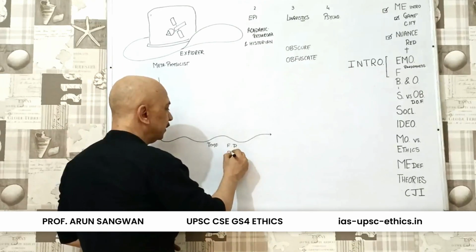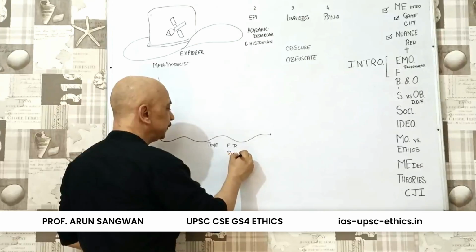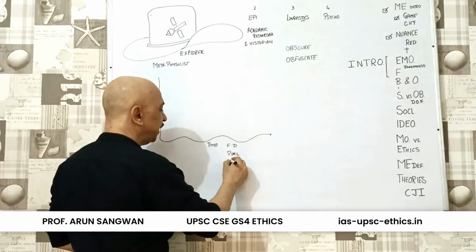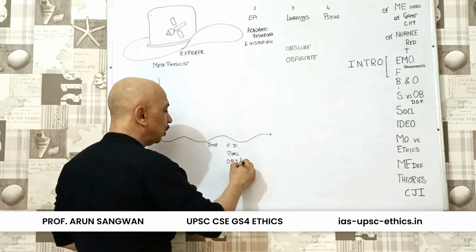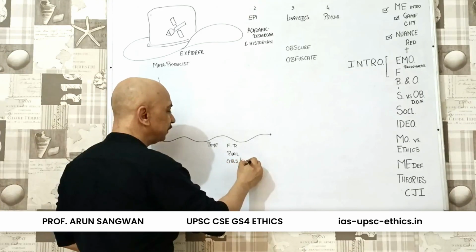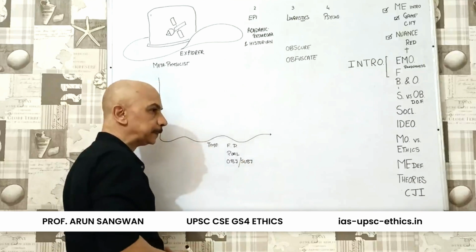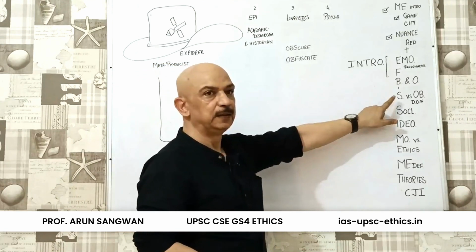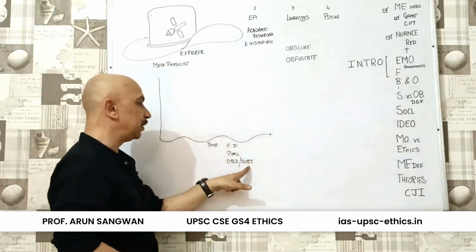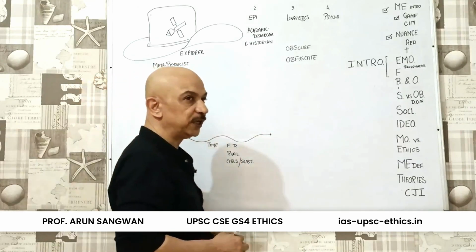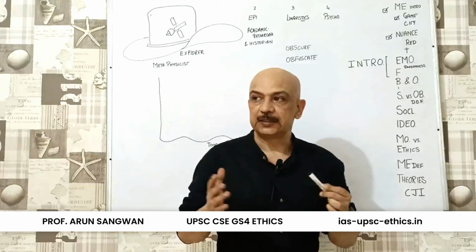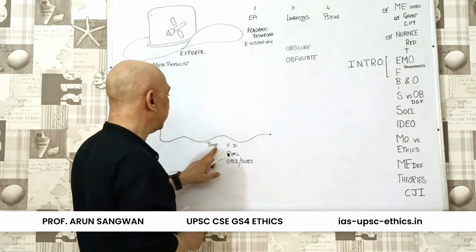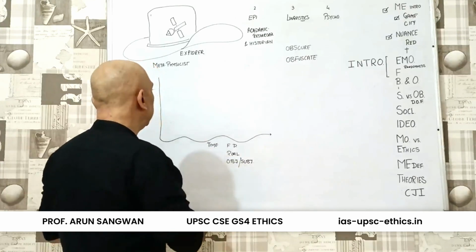Is time real? Does it exist? Is time objective or is time subjective? This discussion we'll have today. After we have this, you'll start understanding what objectivity and subjectivity are. Okay? This is about time.